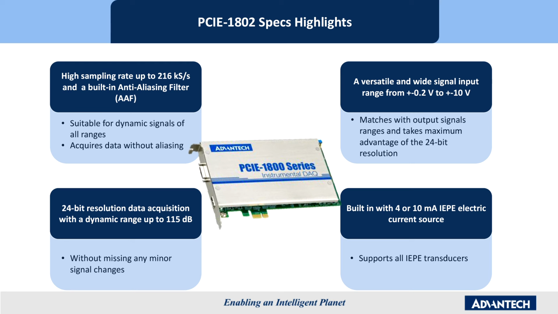PCIe-1802 has a built-in anti-aliasing filter. It is a low-pass filter and its cutoff frequency will be automatically set at half of the sampling rate. This filter is designed and implemented before the ADC to restrict the bandwidth of the input signal to meet the sampling criteria. The anti-aliasing filter can attenuate the aliasing signal.